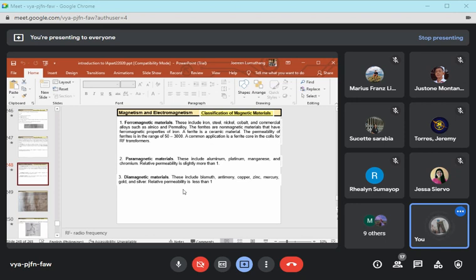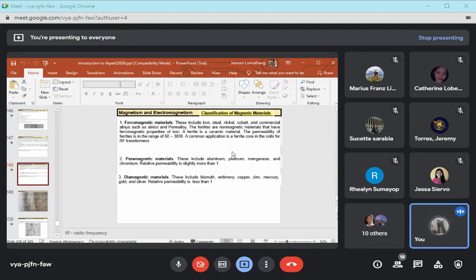And then we have the paramagnetic materials. These include aluminum, platinum, manganese, and chromium. Relative permeability is slightly more than 1. And then the third classification of magnetic material is the diamagnetic materials. These include bismuth, antimony, copper, zinc, mercury, gold, and silver.